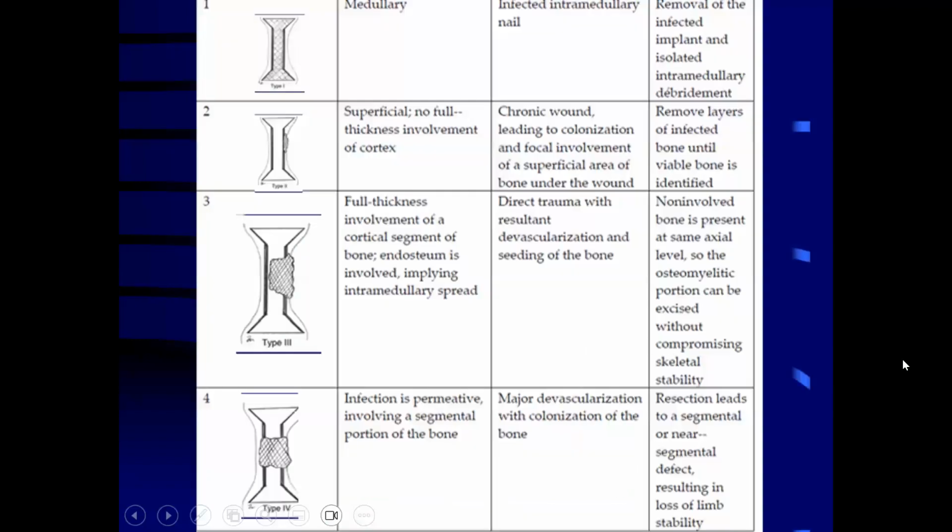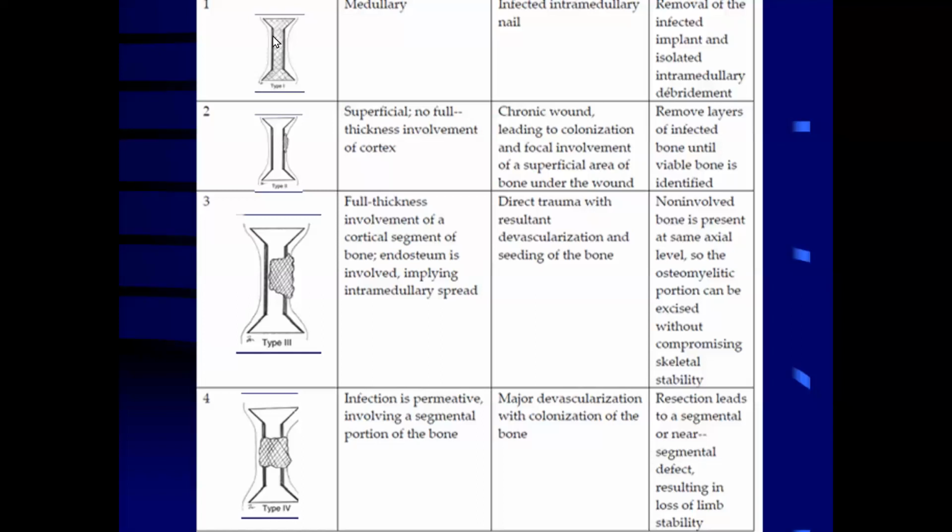Now, when we're speaking about osteomyelitis of long bone, we should classify it into 4 types. One is a type which is totally intramedullary.